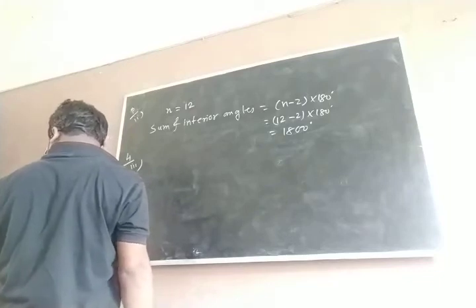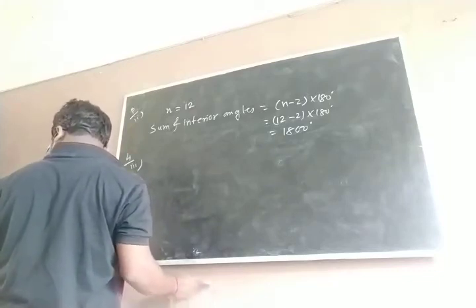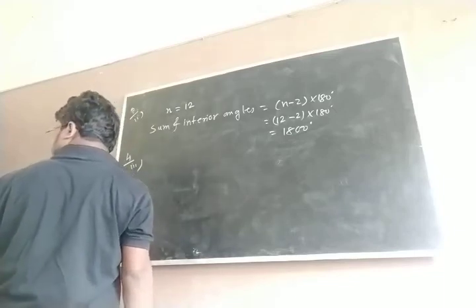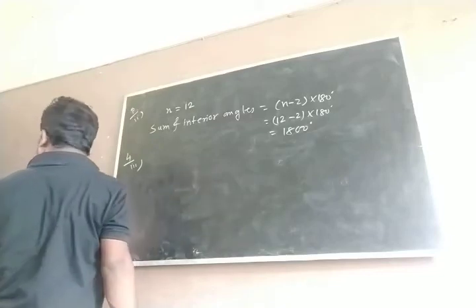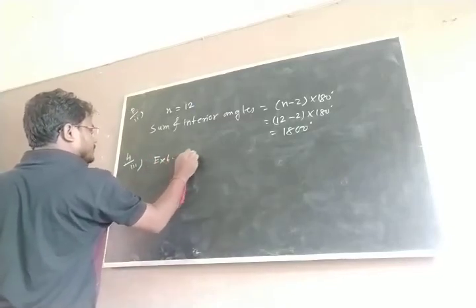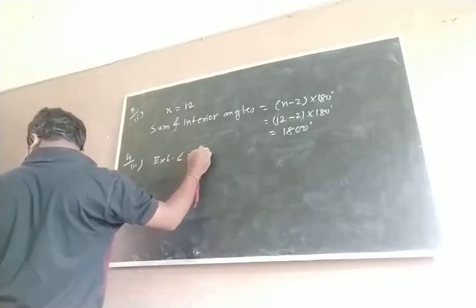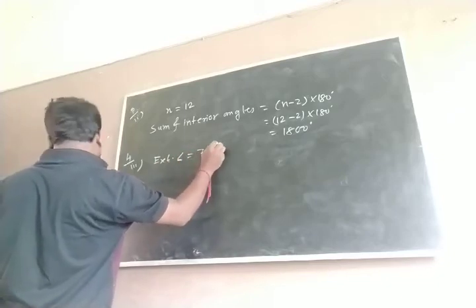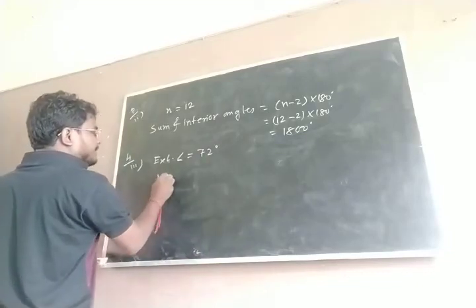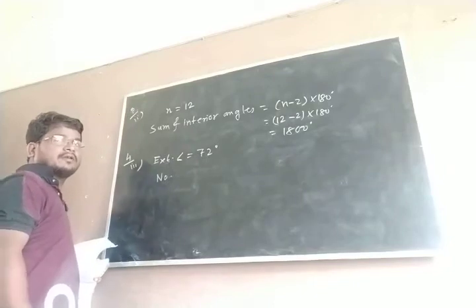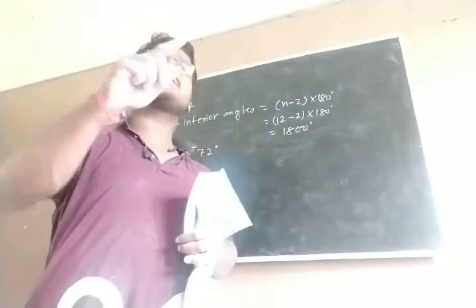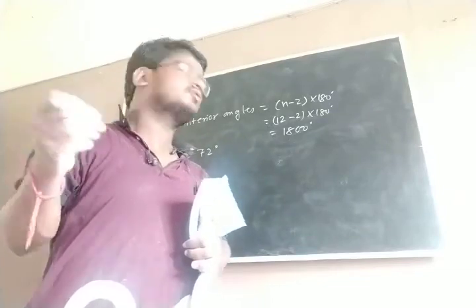Find the number of sides of a regular polygon whose each exterior angle measures 72 degrees. Each exterior angle equals 72 degrees. Number of sides, what formula? We know each exterior angle of a regular polygon equals 360 by n.